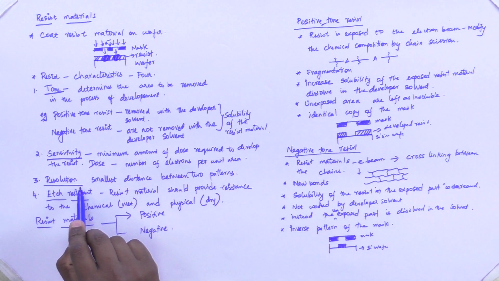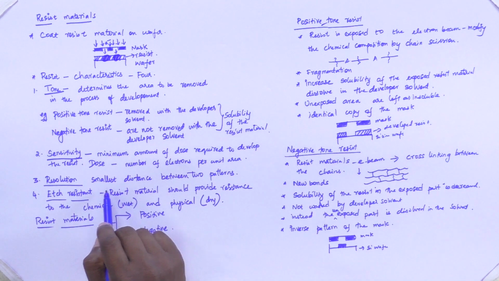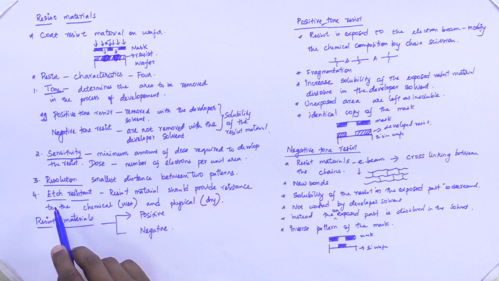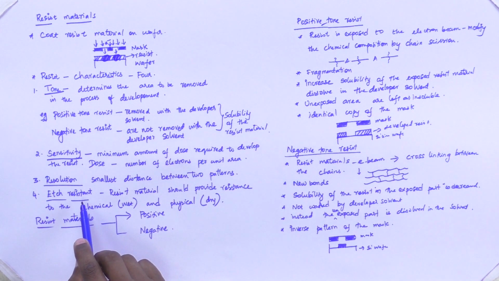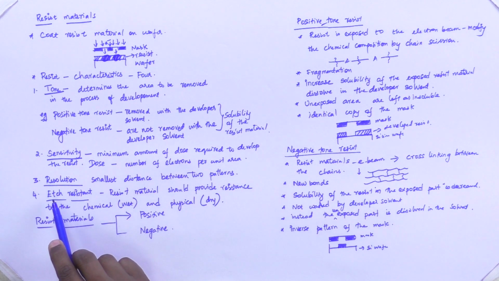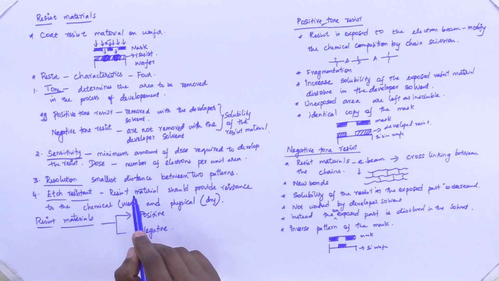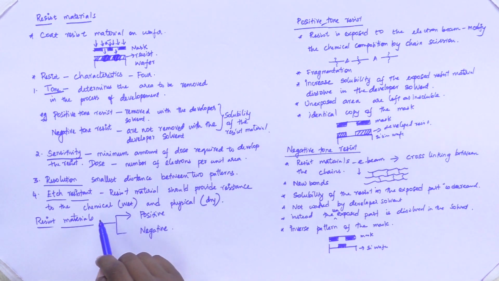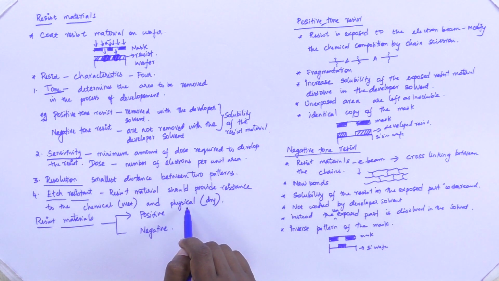The next one is resolution, which tells the smallest distance between the patterns created. And the next thing you need to look for when you select a resist material is etch resistance. Etch resistance is nothing but how resistant your resist material is towards chemical or physical action.